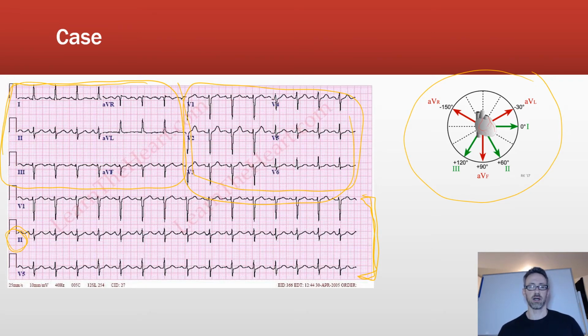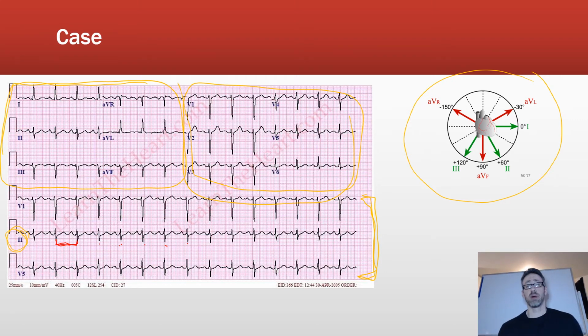So if we take the approach of looking at the rate first, the approach to that is going to be looking at the R to R. Let's use one of our rhythm strips down here. We look at the R to R, and in fact, we look at every R there. We can count the boxes between them.